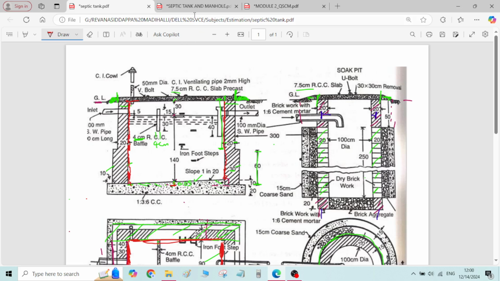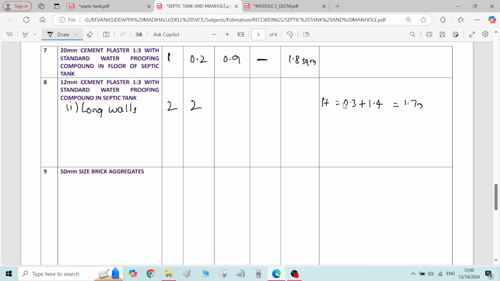Yes, you can take the average height, no problem. Plus 0.05. You'll get the answer as 1.75 meter. Then here you write 1.75 meter.